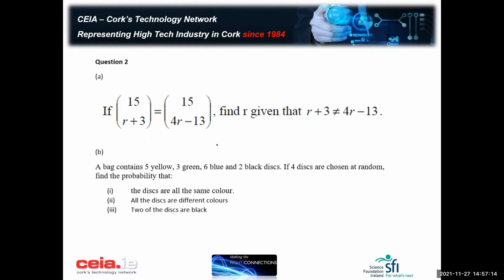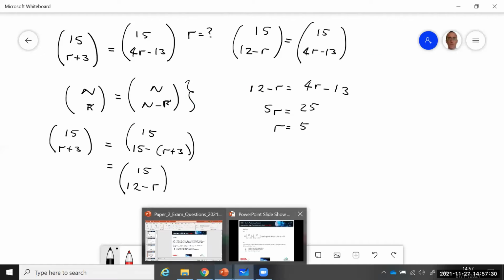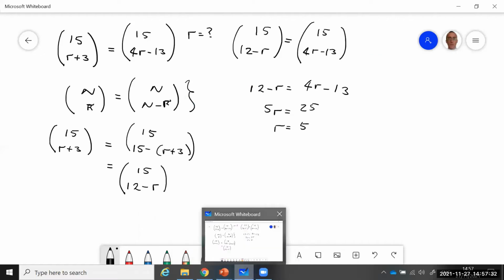So all the discs are the same color. What color can they be? If all 4 discs are to be the same color, they're either all 4 yellow or all 4 blue. There aren't enough green ones and there aren't enough black ones. So I go back to the whiteboard.